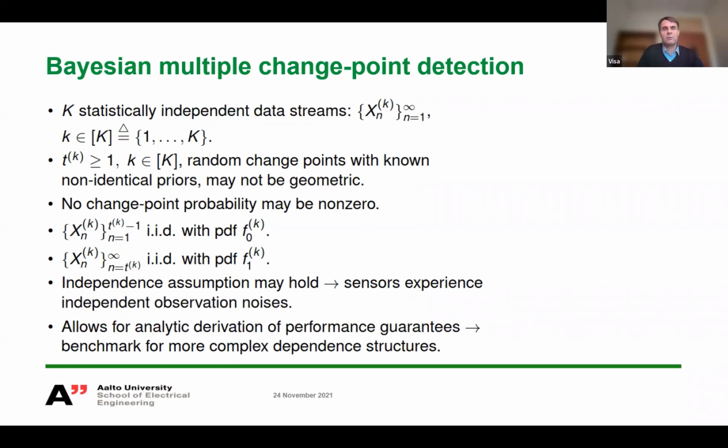But of course, the actual fields can be correlated, and if it's a physical phenomenon like radio waves, air quality or weather patterns and so on, there may be some correlations in the field. Anyway, this type of formulation allows us to derive analytical performance guarantees, bounds on these detection delays and average number of observations and so on.